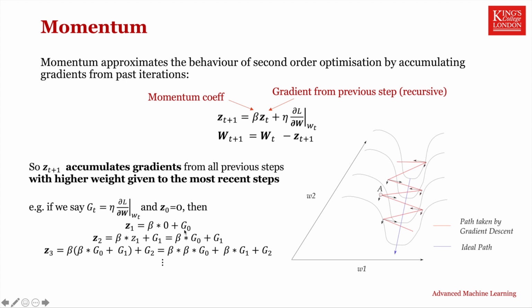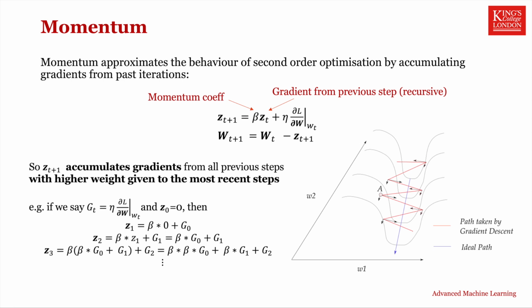So z1 is just equal to g0. At the next time point, however, we combine our current gradient estimate, g1, with beta times our previous update, z1, which we already know reduces to g0. So this becomes beta times g0 plus g1.